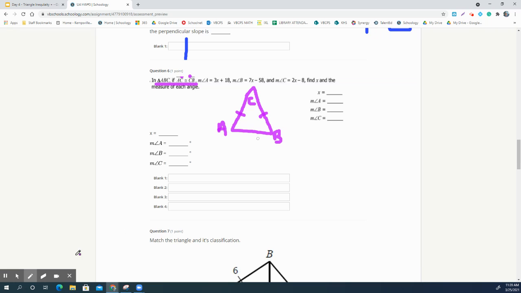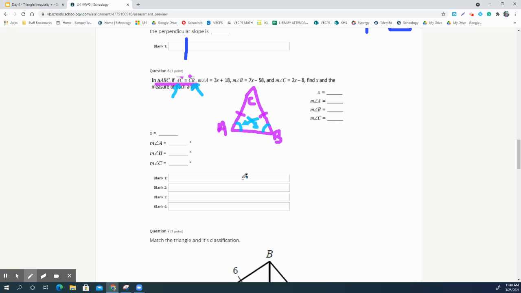It's an isosceles triangle. If I know that those 2 sides are the same, which 2 angles are the same? So angle A and angle B, right, are going to be the same because they're at those congruent sides.